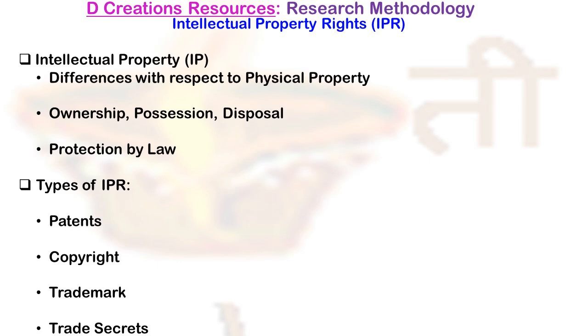Now let's go to trademark. What is a trademark? A trademark for a service or for a product is basically the recognition that customers have for that in the market, and that trademark distinguishes you from your competitors. So it could be any word, phrase, or symbol, or design, or even a combination of these.